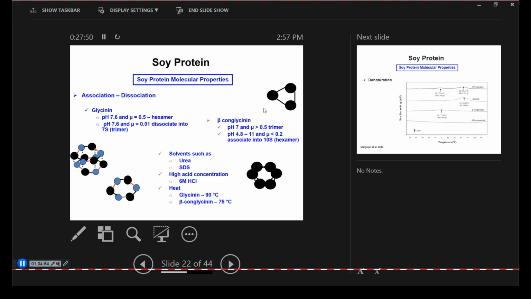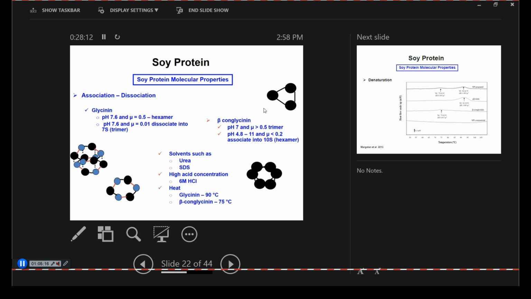Glycinin has a higher denaturation temperature than beta-conglycinin, just because it's stabilized by disulfide linkages. So this withstands higher heat, so it has higher thermostability than beta-conglycinin. Beta-conglycinin is a trimer under these same conditions.